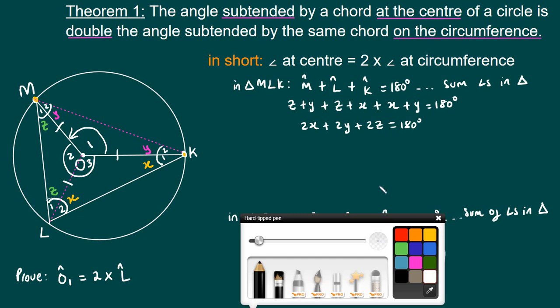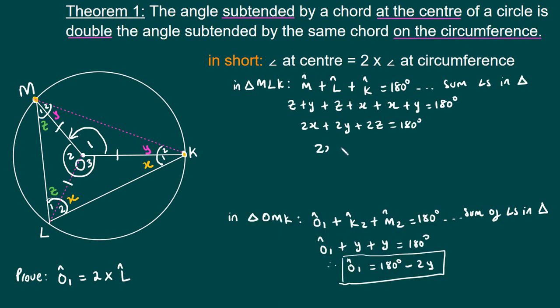So if you do that, what you're going to have is 2x plus 2z being equal to 180 degrees minus 2y. Great. Now please just take the common factor 2. If you take 2 as a common factor, you simply have x plus z being equal to 180 degrees minus 2y.